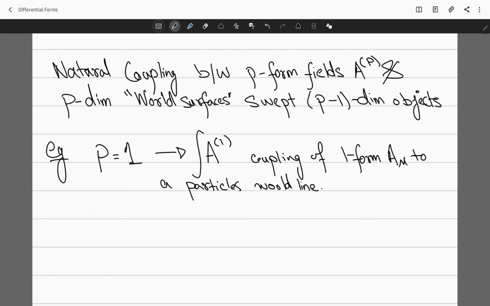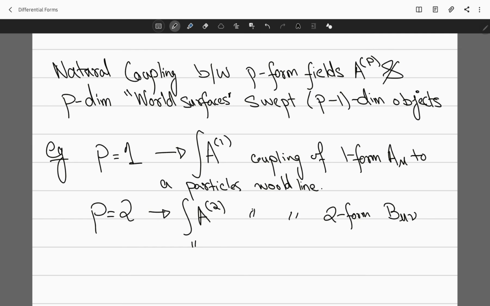But if, for example, my p is equal to 2, then I will have this integral of A_2, and that is the natural coupling of the two-form, which is B_mu nu, to, now this time, a string's world sheet, because strings would be like a sheet rather than a line.